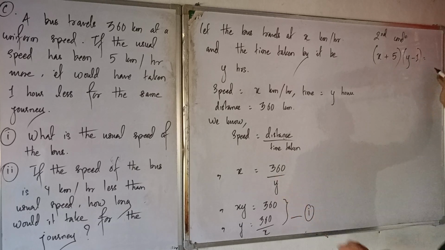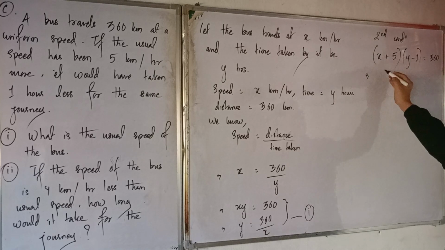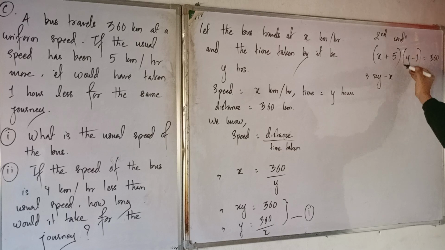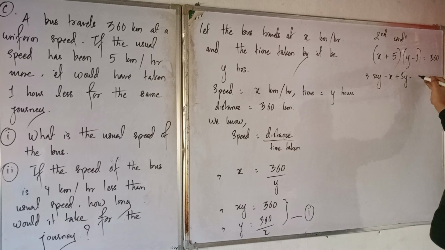And the distance is same, 360. Or you can further simplify, xy minus x plus 5y minus 5 equals 360.